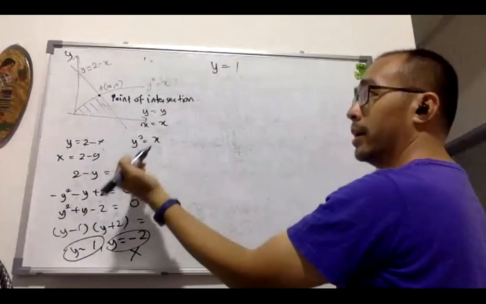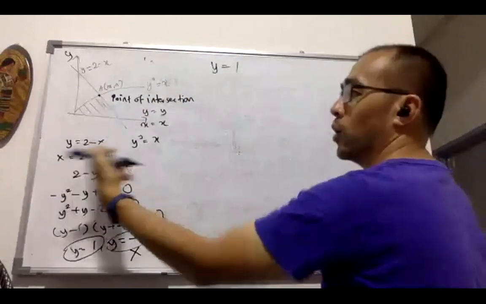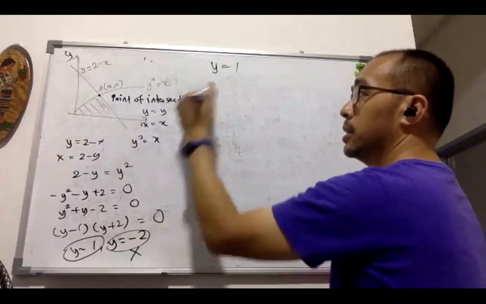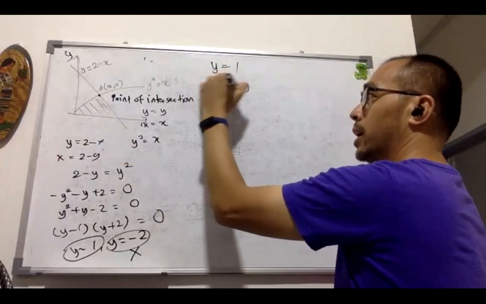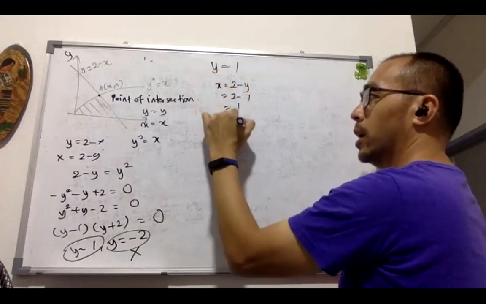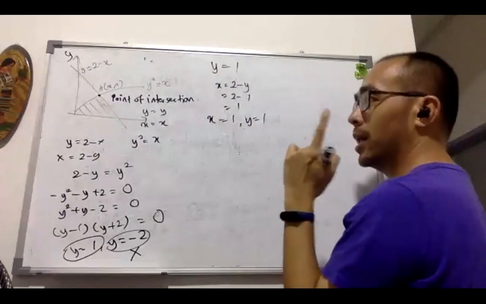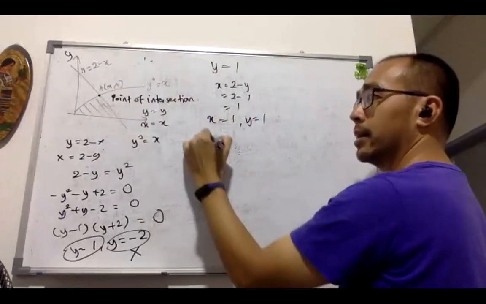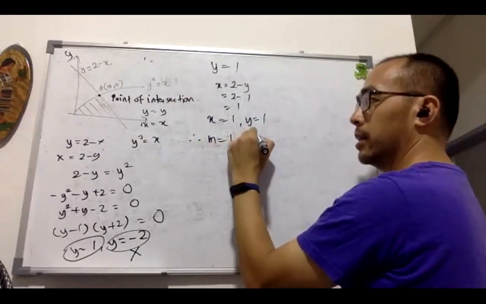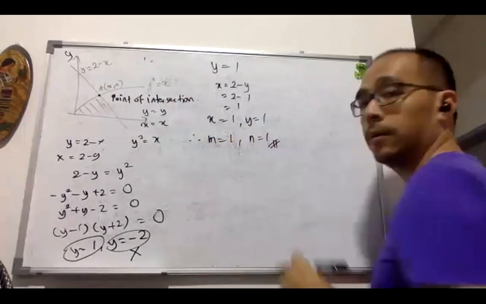If y equals to 1, I can substitute my y into any one of these. I'm going to substitute in here: x equals to 2 minus y, 2 minus 1 is 1. So x equals to 1, y equals to 1. But the question asks for the values of m and n, so m equals to 1 and n equals to 1.